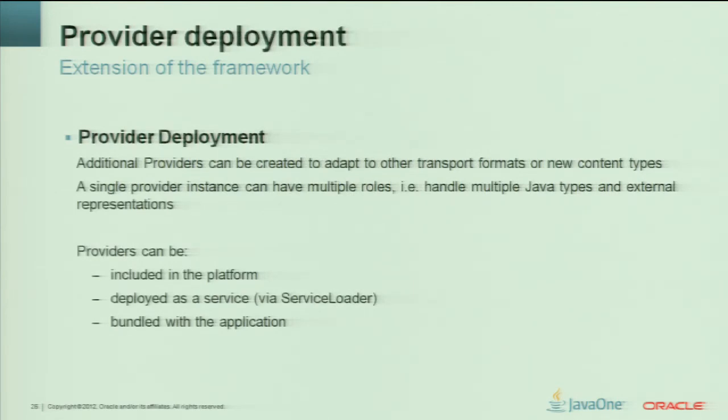How can new providers be deployed? As I said before, additional providers can be created to adapt to other transport formats or new content types, so basically to extend the framework. And also a single provider can be used for multiple roles. So you can create a message body reader to handle multiple Java types.